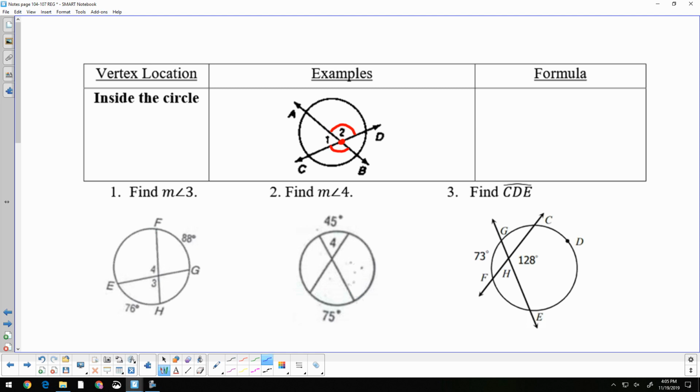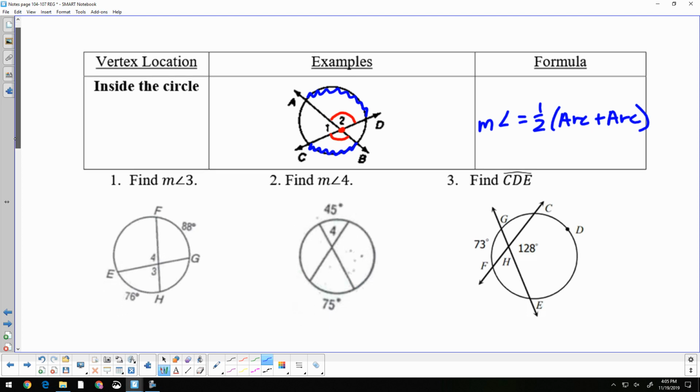What you need for this one is you need this arc and this one. So basically we're finding the average of them. So we're going to take the angle is equal to 1/2 of the two arcs added together. So I would add my blue arcs together and divide by 2.